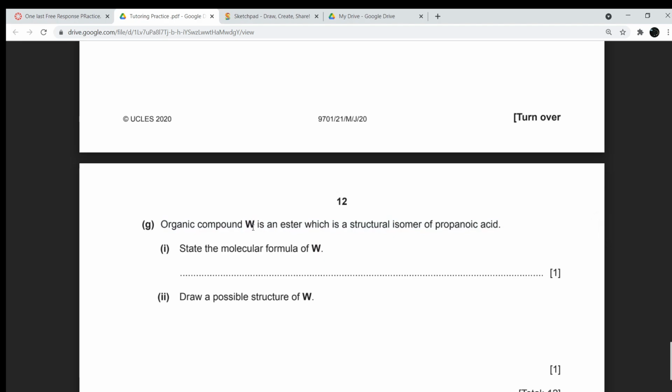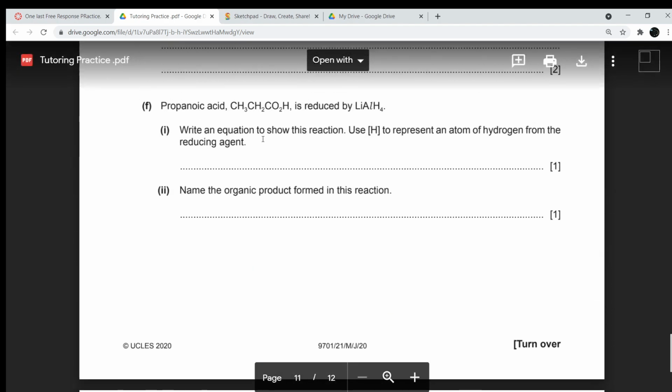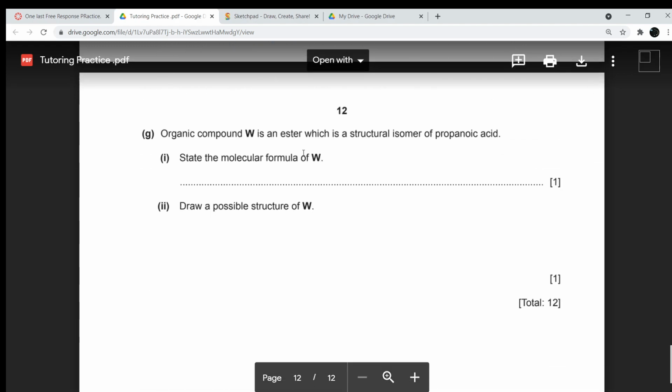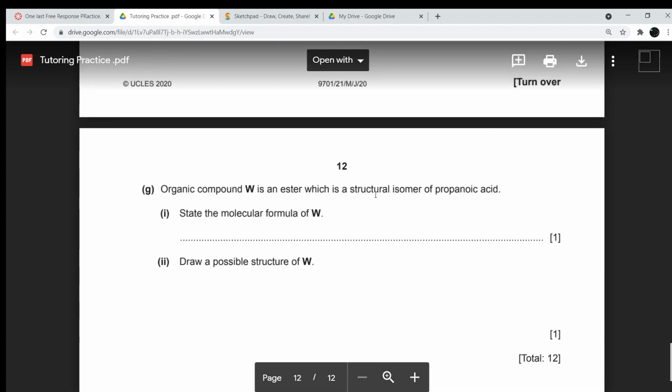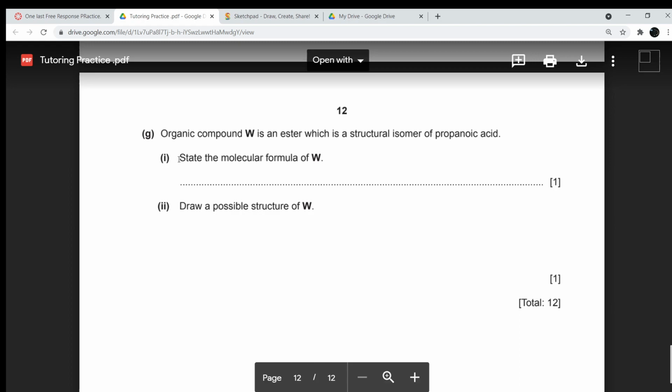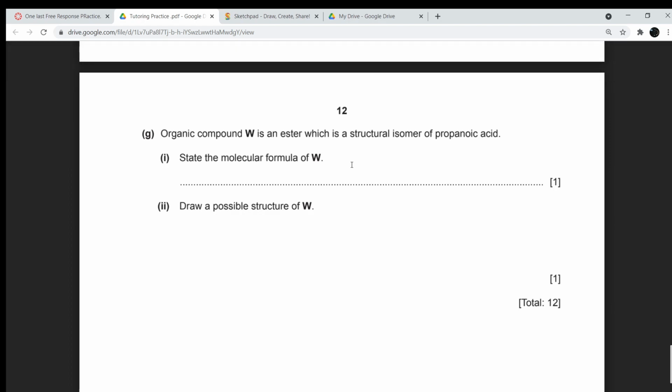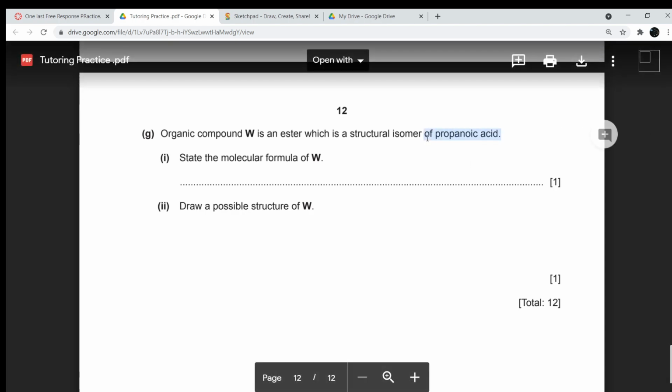So, we know that W is going to have the same amount of stuff as this one. The first question isn't even asking us about esters. It's saying it has the same molecular formula as this one.